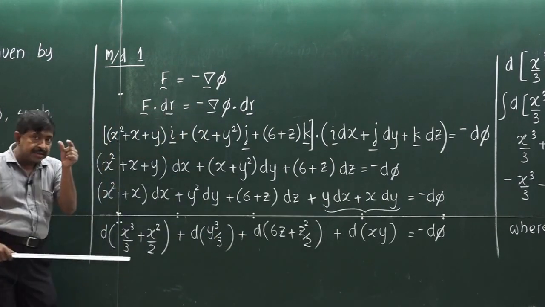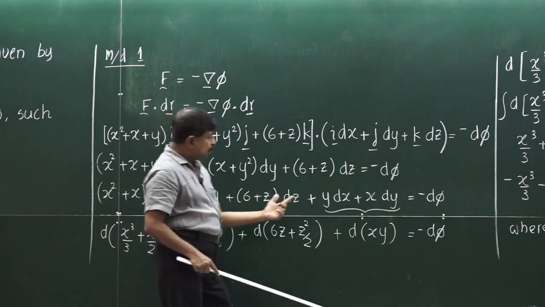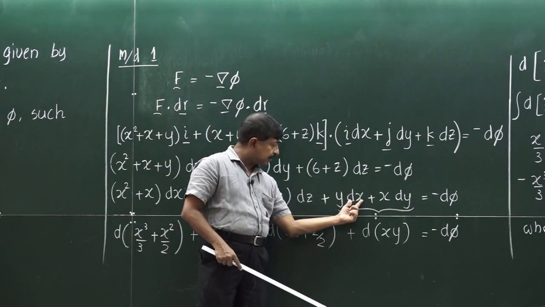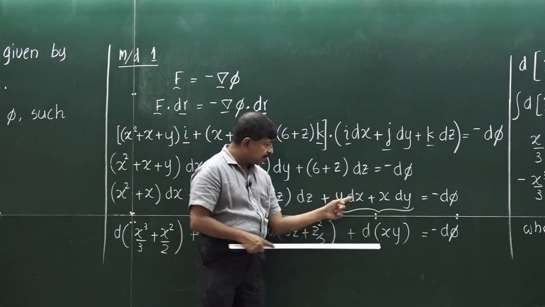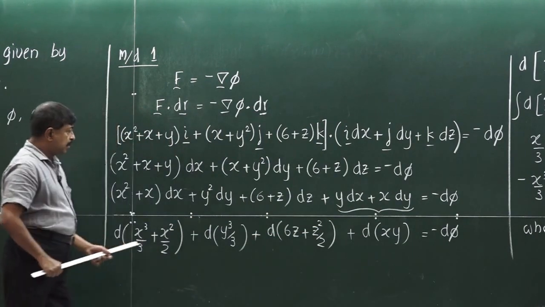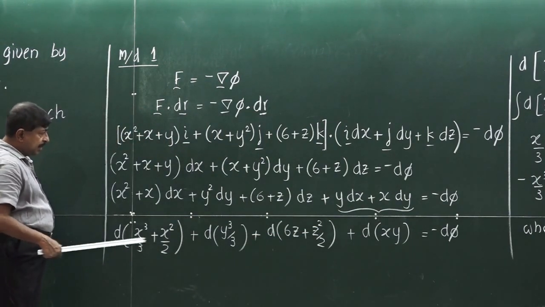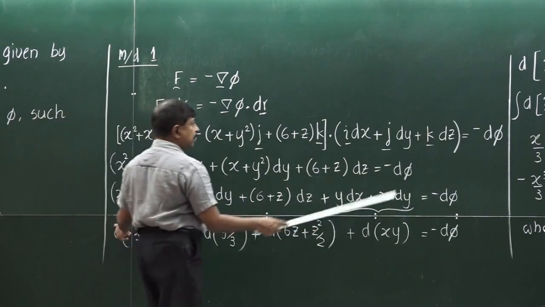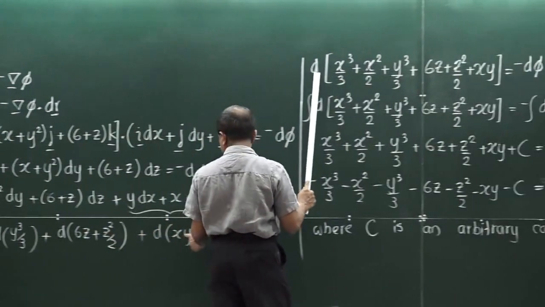Now, how do you find that something? Something can be obtained, like you take this one, just integrate with respect to this. So, y times x, so x y, you get that. After that, since the d operator is linear, you can put them in one d operator like this, right.